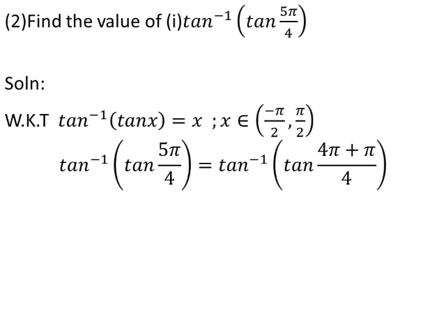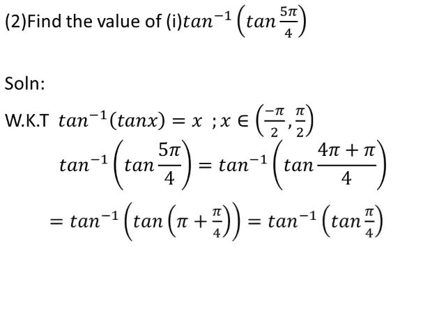So 5 pi by 4 can be written as 4 pi plus pi by 4. Why I am writing 4 pi plus pi is because in the denominator we have 4. It is equal to tan inverse of, we can separate the terms, 4 pi by 4 means pi, plus pi by 4. It is equal to tan inverse of tan, pi plus theta is tan theta because it lies in the third quadrant.